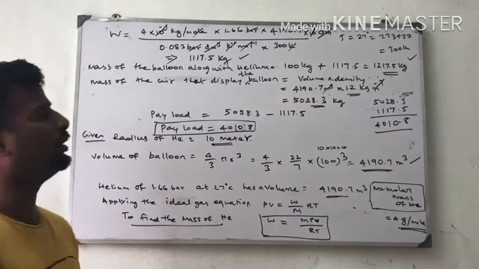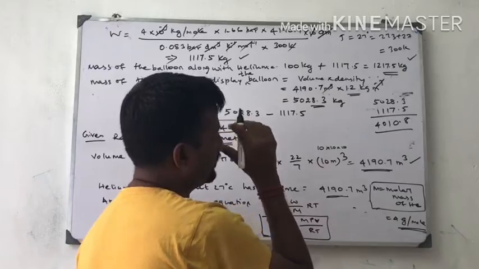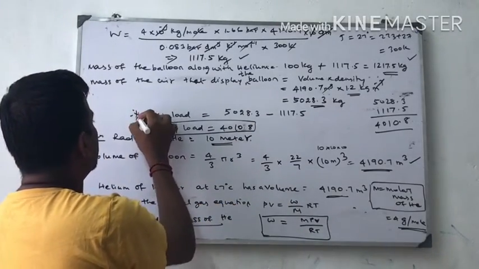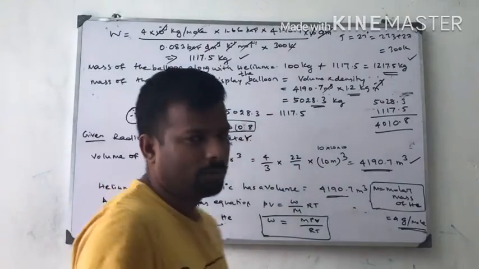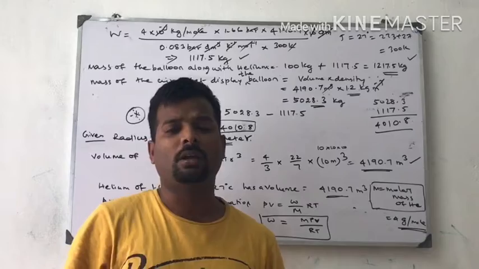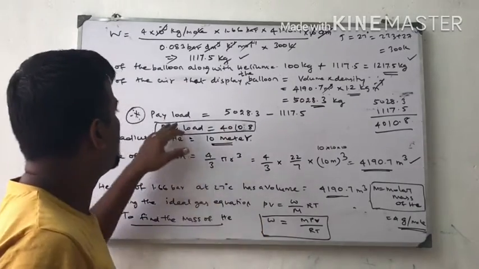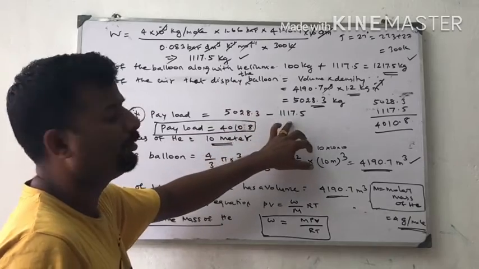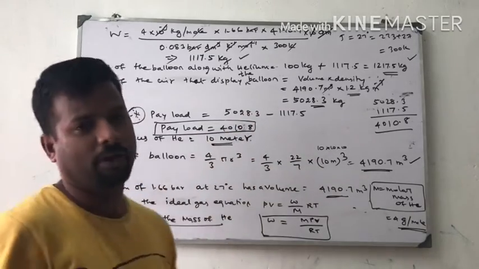That's given in the question. On multiplying these two, I get the answer of 5028.3. Therefore, payload is equal to the difference: total mass of the balloon minus mass of the air. That is, the payload is equal to total mass of balloon plus helium minus mass of air. I get the payload value.